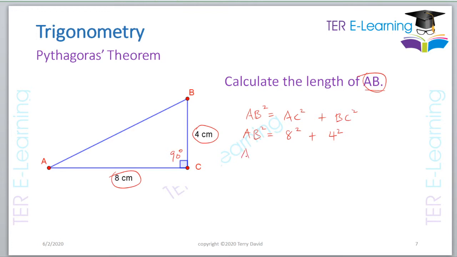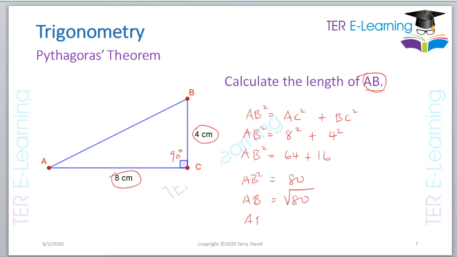So you're going to write back again, AB squared is equal to 8 8s are 64 plus 4 4s are 16. So therefore AB squared is equal to 64 plus 16. This will give me 80, and therefore AB is simply equal to the square root of 80.